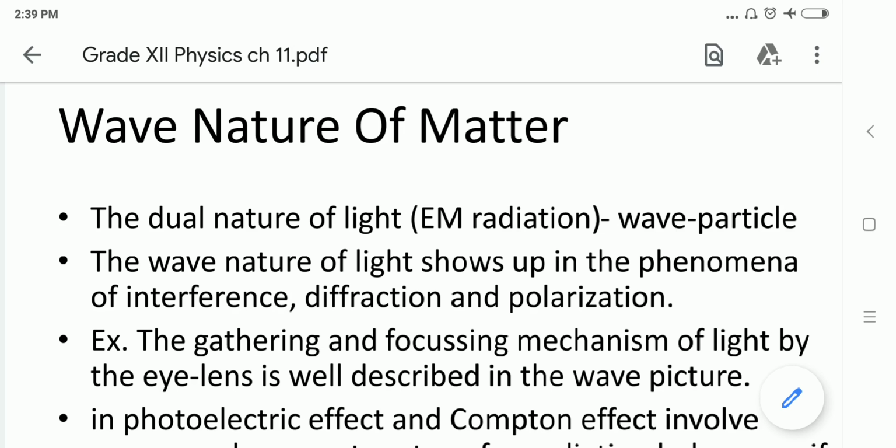For example, whatever light is absorbed by the eye lens, that information is given by the rods and cones of the retina, which requires a discrete nature of picture, that is, a photon picture of light.